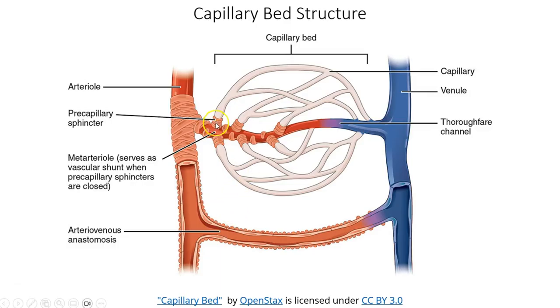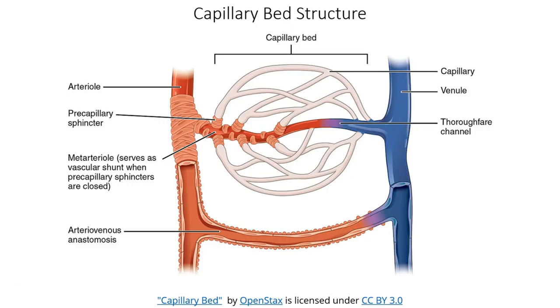These precapillary sphincters work by sensing when the surrounding tissues need oxygen or have too many waste products. So they're getting those signals from the surrounding tissues to open or close. If they're closed, then blood's just going to flow straight through this channel right here, called a thoroughfare channel, and over to the venule side of this particular capillary bed.